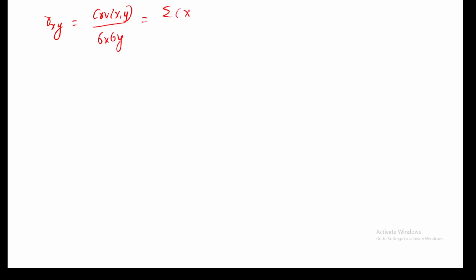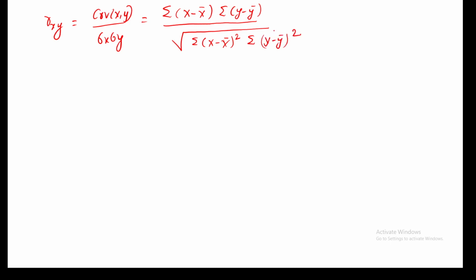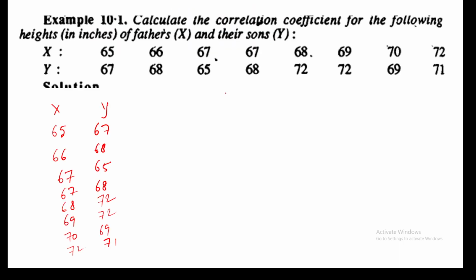So we can write sigma of x minus x bar, sigma of y minus y bar, divided by root under summation of x minus x bar whole square, summation of y minus y bar whole square. That is one formula we have. From here you can calculate the x and y and calculate the x bar also. Now we'll calculate x square, y square, xy.